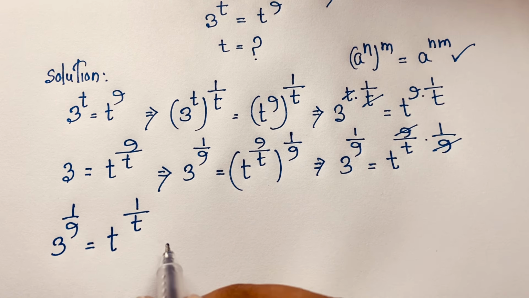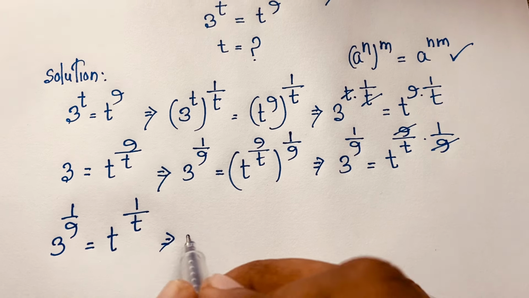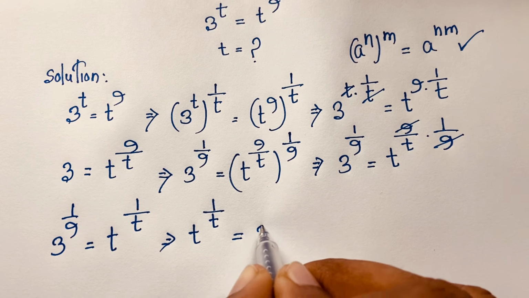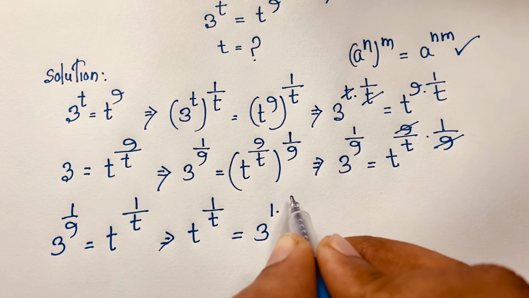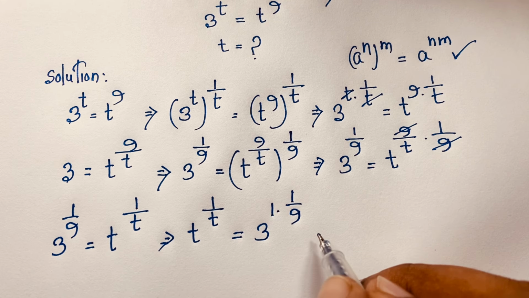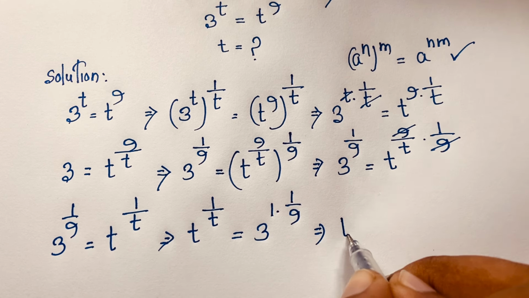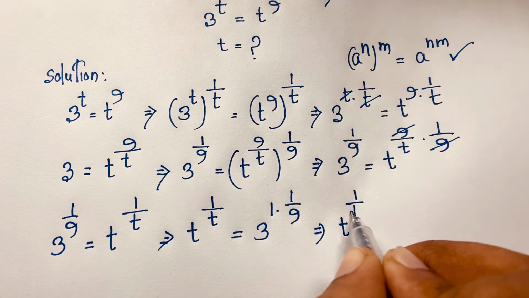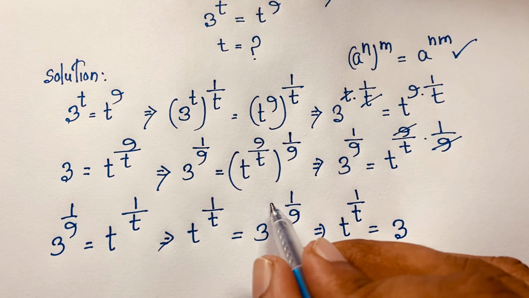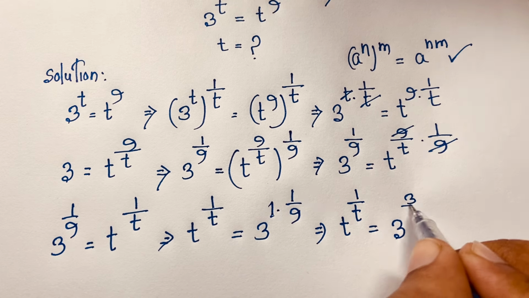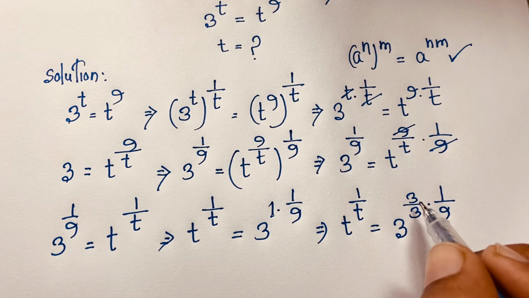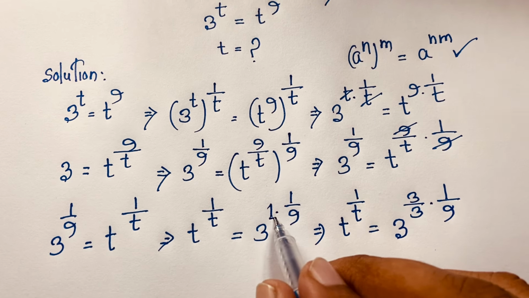Now, at this moment, you can see this expression: I take this t to the power 1 over t to this side, and this is 3 to the power 1 times 1 over 9. Now, here, t to the power 1 over t is equal to 3 over 3 times 1 over 9. 3 divided by 3, this is 1.